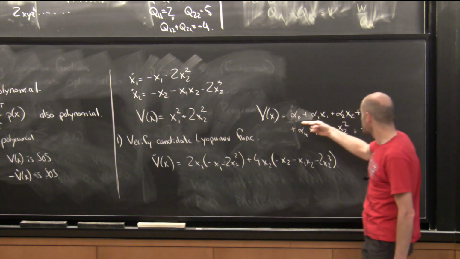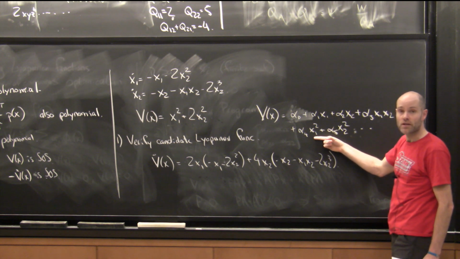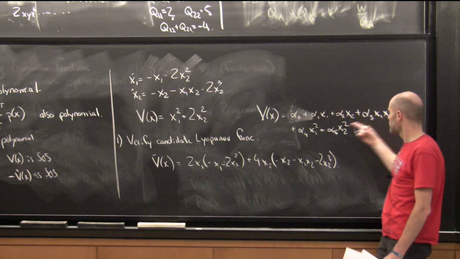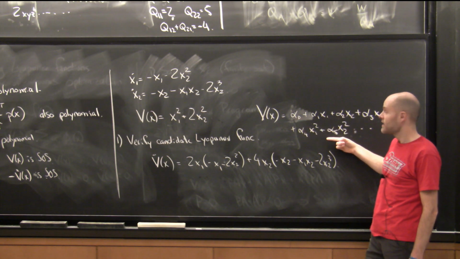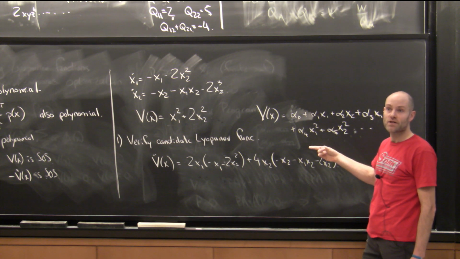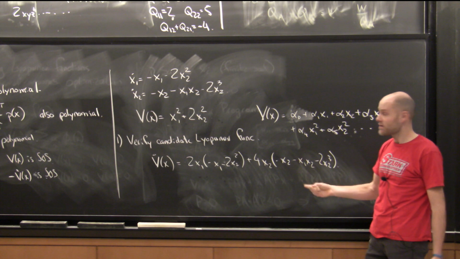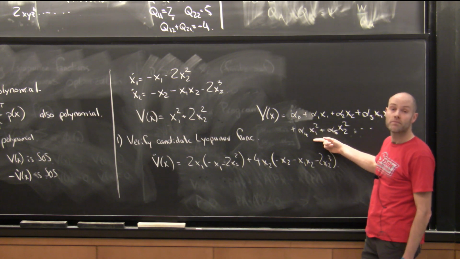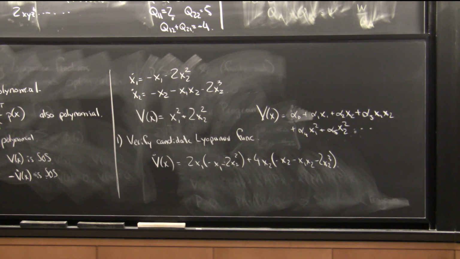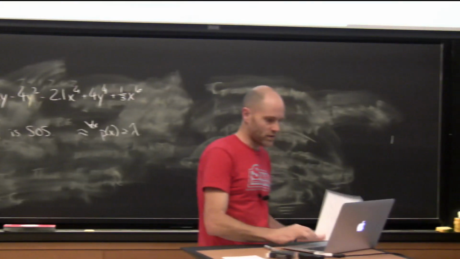Now, within the space of functions that I've parameterized here, the solver's going to find a Lyapunov function for me if it exists. I gave it a rich search space, and it's going to try to find alphas. And if a Lyapunov function exists that can be proven with sums of squares, then it'll find it. Okay? So that's just the second version of this, and it's only a few more lines.